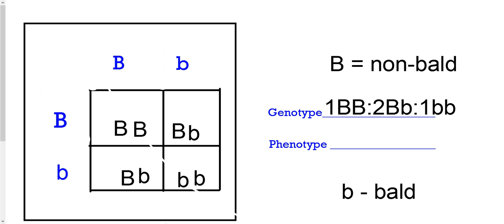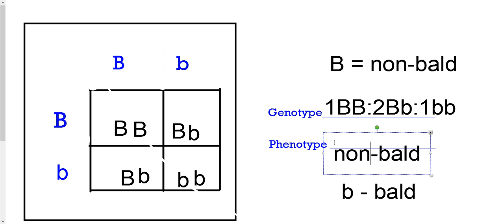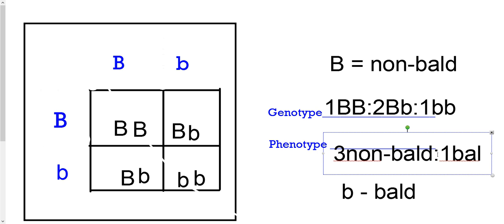So for being bald, non-bald, capital B, so non-bald here, looking through our Punnett square, I have 1, 2, 3 that have capital, which means 3 non-bald. And obviously just mathematically here, 1 possibility of being bald.